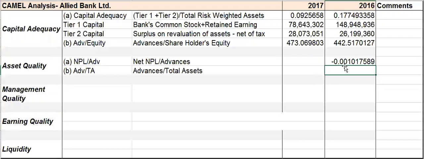That's how we can calculate the NPL over advances ratio. If we multiply this ratio by 100, we will get the answer in percentage form. So this is the NPL to advances ratio in 2016.